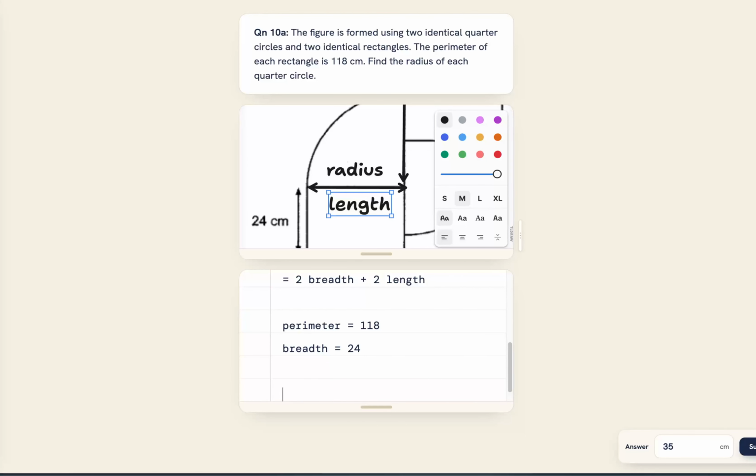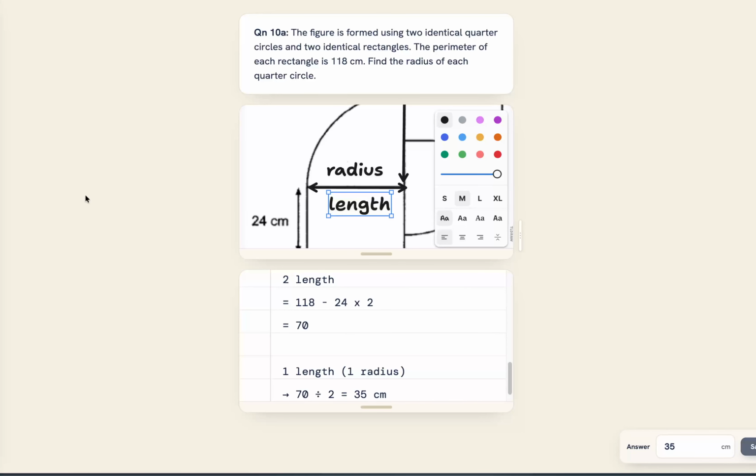So 2 length is equal to 118 minus 24 times 2, and this will be equal to 70. So not 2 lengths, sorry. 1 length will then be equal to 70 divided by 2. This will give us 35 centimeters. In this case, 1 length is also 1 radius. The answer is 35 centimeters. There you go. So that's the answer.